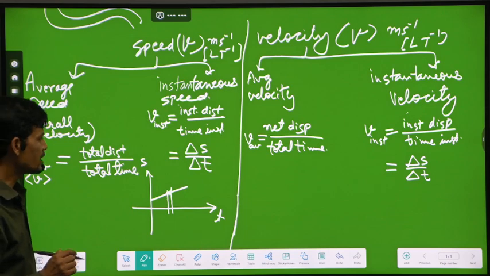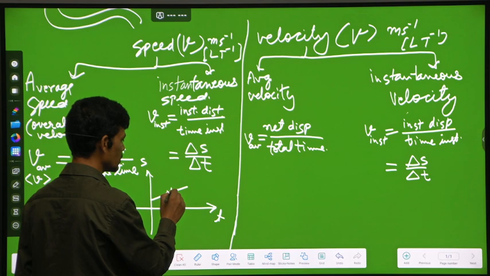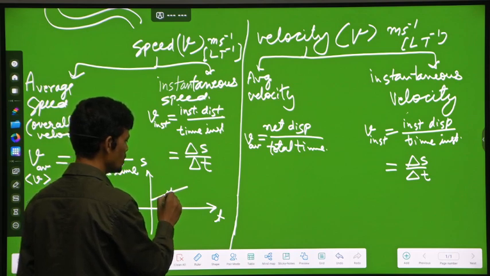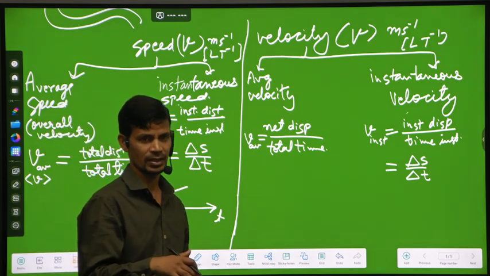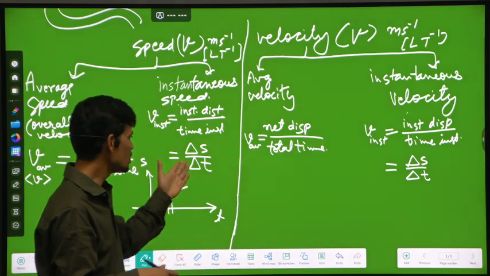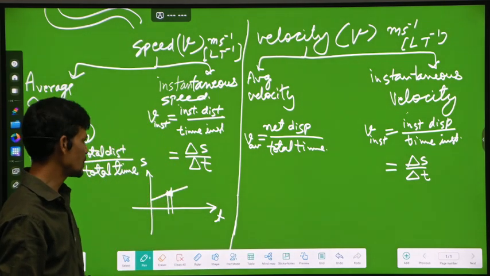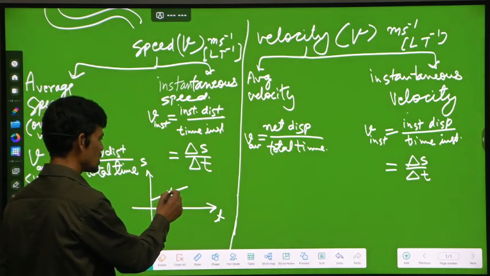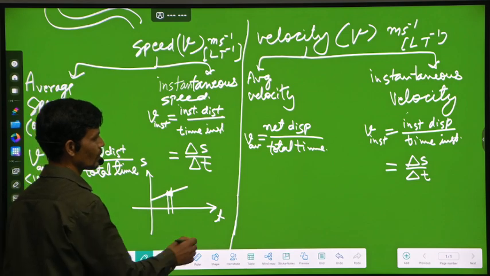For that smaller portion, this value is delta S and this value is delta T. That is why the delta term comes. So it is not like a change of displacement; it is that smaller fraction from the graph. Same here.